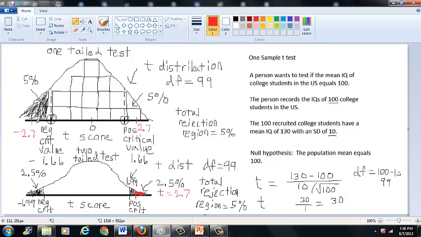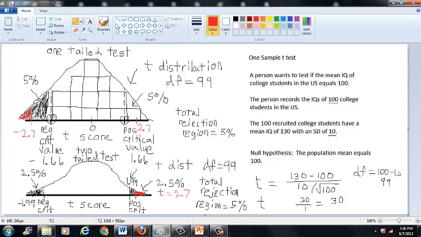So it's in this negative rejection region. In a one-tailed test, the p-value is only the area at one end of the curve, which is the percent of samples that will give you a t-score of negative 2.7, which is what you found, or further to the left.